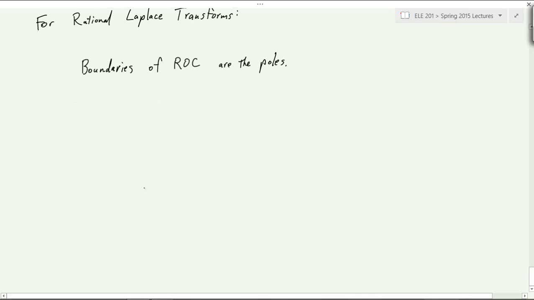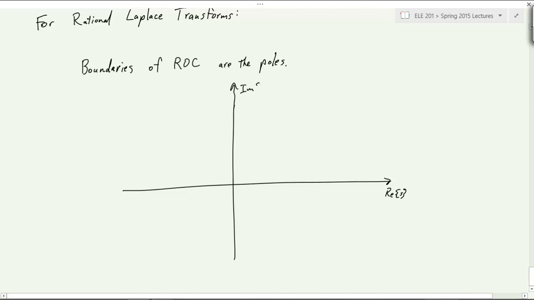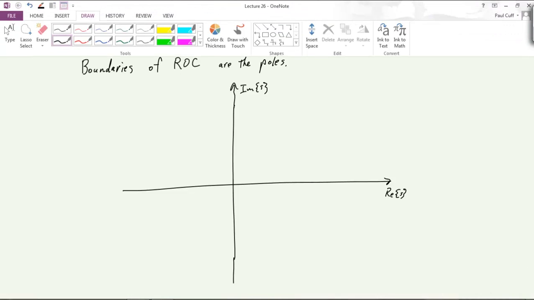So, in other words, another example will help here. We have a real part of S here. We have the imaginary dimension here. Now, suppose that we have, I'll go placing some poles and zeros.